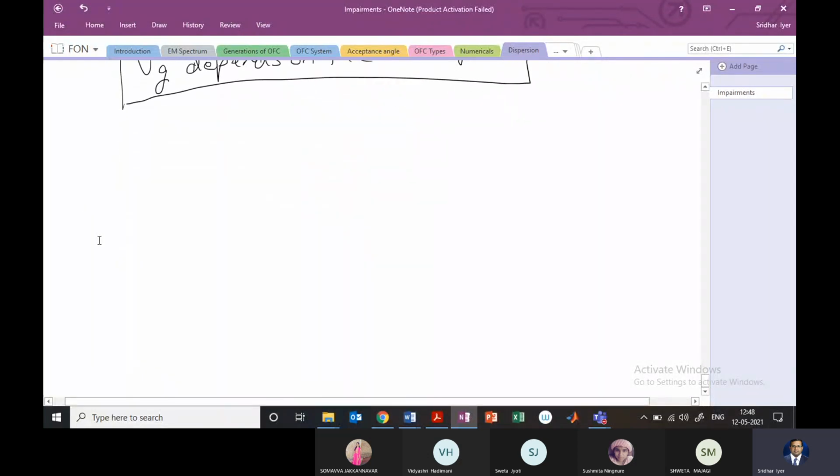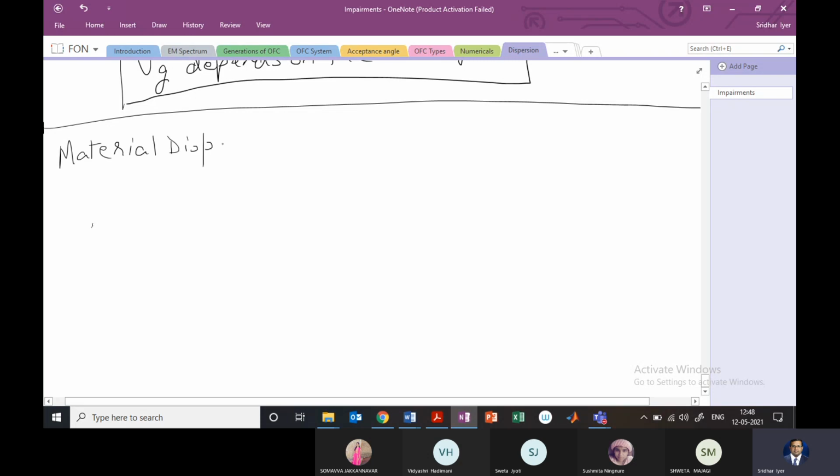Okay. So based on these factors, now we can try and understand what is material dispersion. Material dispersion. As the name suggests, this dispersion is going to occur because of the fiber material. So fiber can be made of different materials. You can have silica, you can have glass.